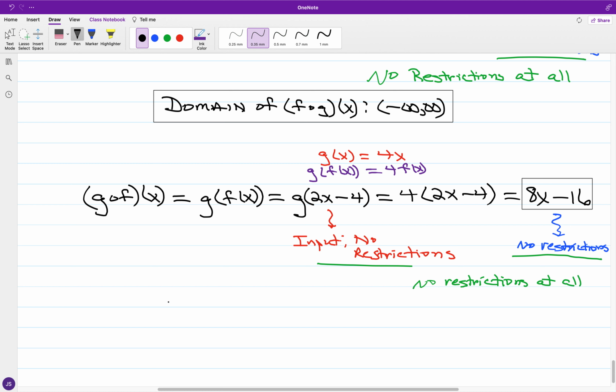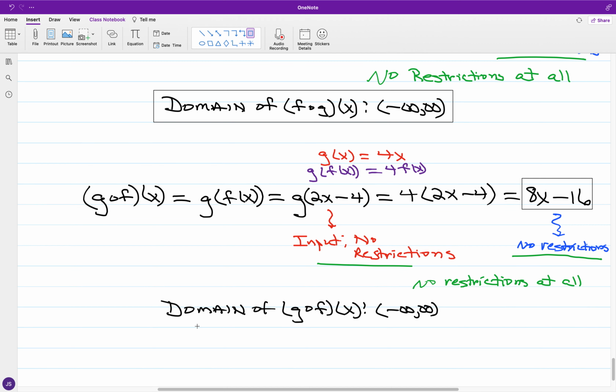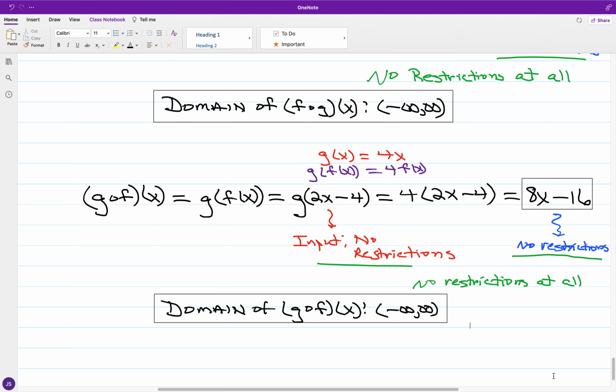So while the output is different, we still have another composition with no restrictions, and the domain is also going to be the set of all real numbers. So we've got all real numbers throughout for these.